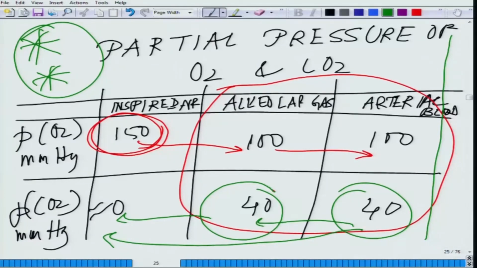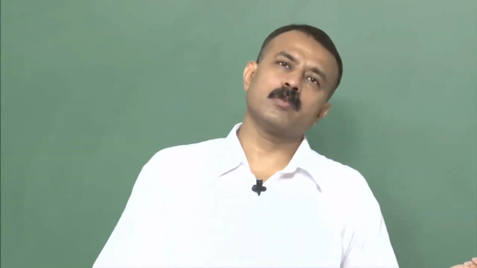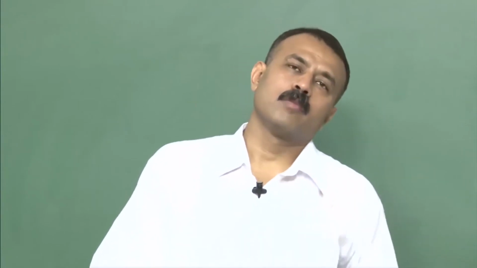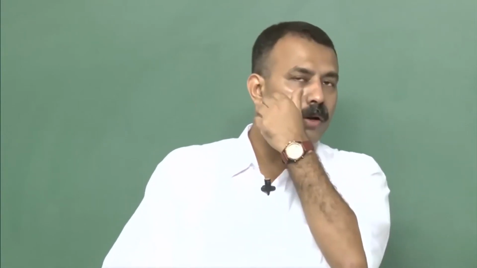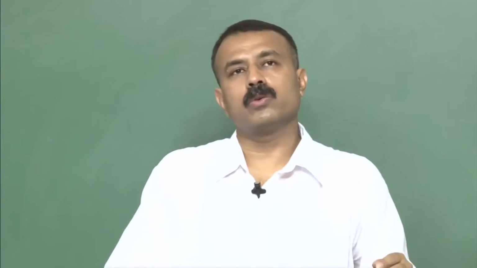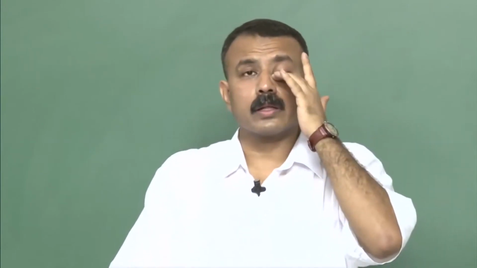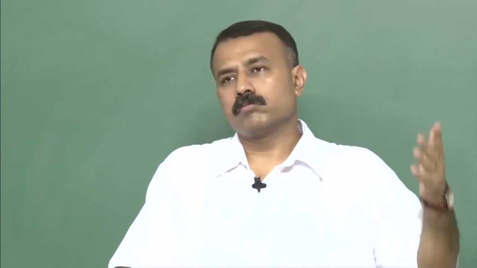Use simple logic. What I expect as the take home message for this part is a very simple, clear-cut understanding of partial pressure and atmospheric pressure. If you know the atmospheric pressure is 760 millimeter mercury, I did the calculation. But if I tell you that you are at a very high altitude, say Machu Picchu in Peru, or somewhere in Ladakh or Leh, or in the Himalayas or the Andes, how are you going to calculate?